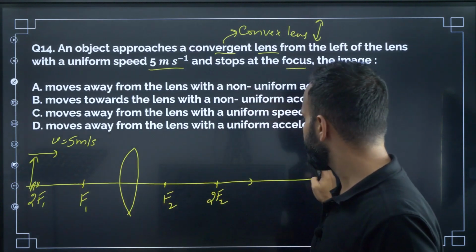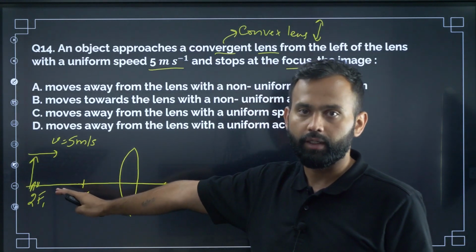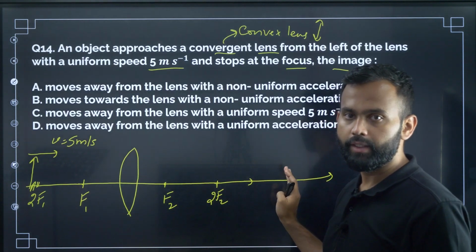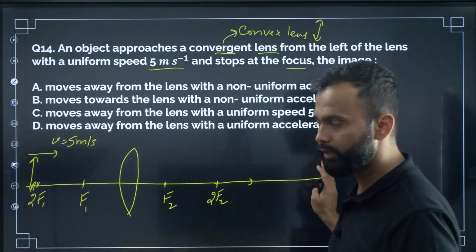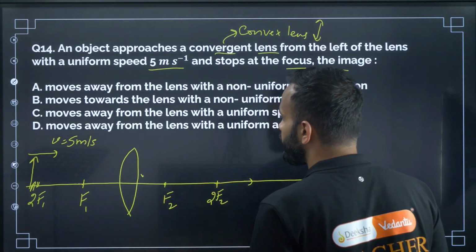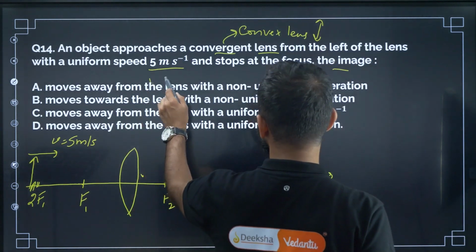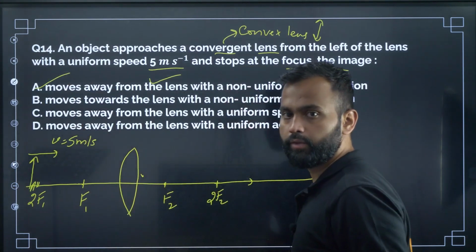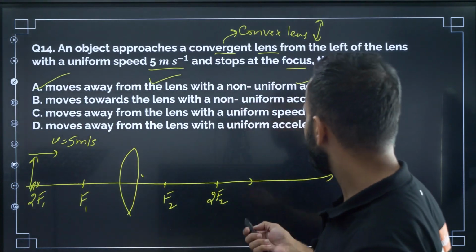So look here, the acceleration is not uniform, and it is moving away from the lens. So the first option, moves away from the lens with non-uniform acceleration, is correct. So option A is the correct answer. Next question, question number 15.